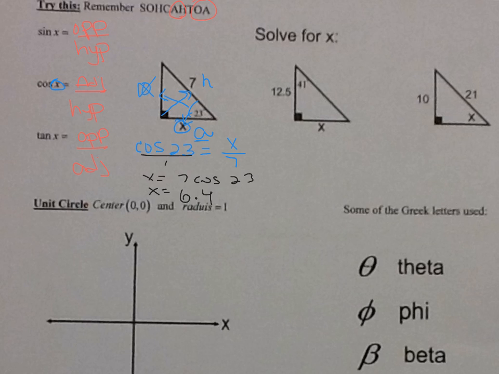All right, so let's take a look at the next one. I always start with the hypotenuse first. There's the hypotenuse. Across from the angle, 41, that's opposite. And next to the angle, that's the adjacent. So the hypotenuse is not involved because there's nothing there. So which one, sine, cosine, or tangent, uses opposite and adjacent? That is tangent.